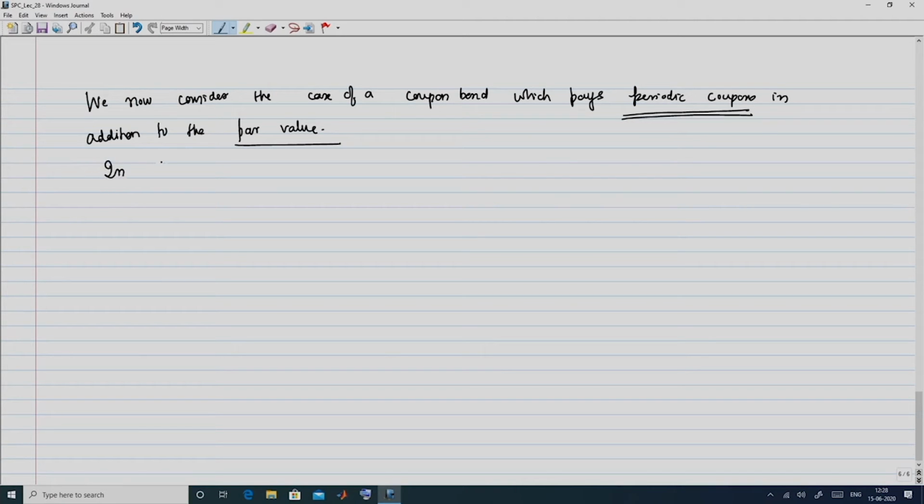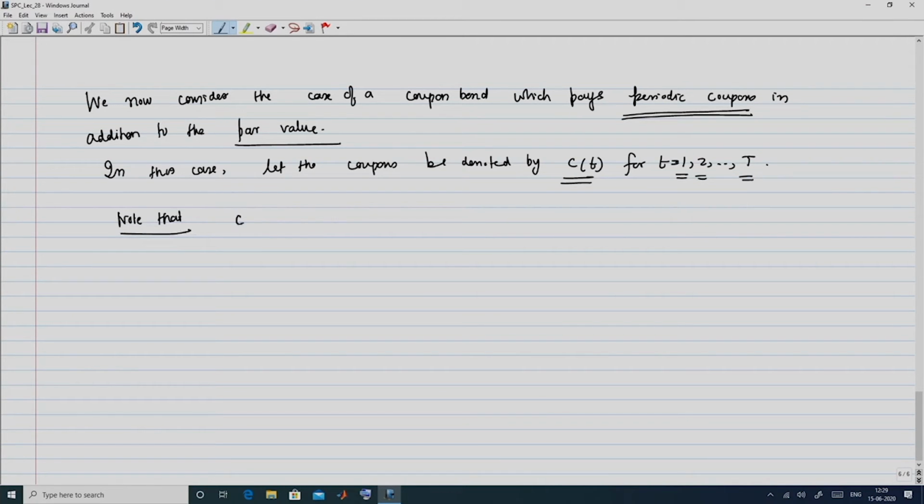So, accordingly we need to have a notation for this coupon. So, in this case we let the coupons be denoted by C(t) for t equal to 1 all the way to capital T. So, these are the periodic coupons being paid at time t equal to 1 all the way to capital T. Note that you have to be very careful about the last coupon.